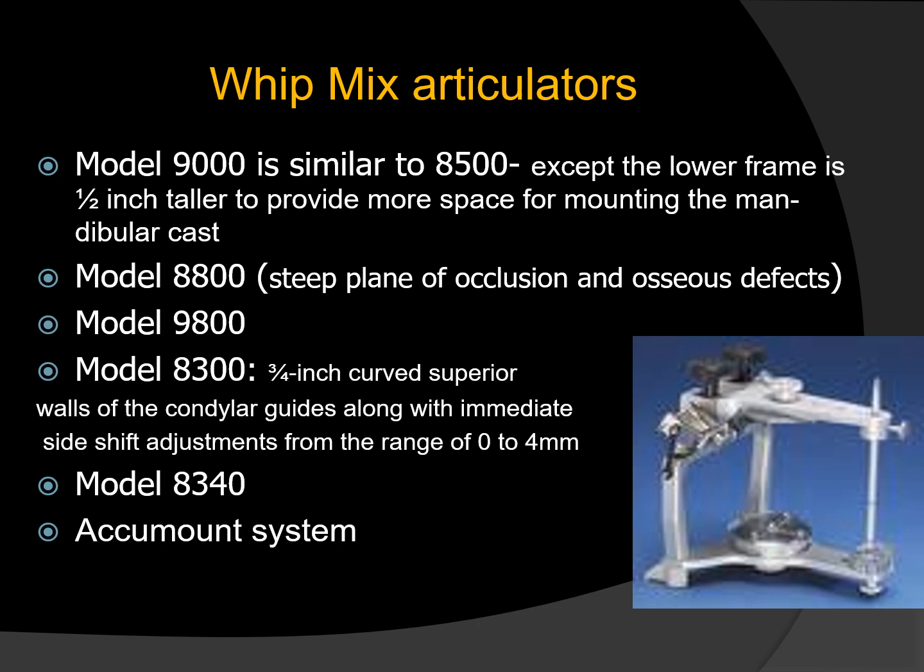These articulators had a special mounting plate precisely attached to the lower frame using a special fixture called the AccuMount system. After the AccuMount system is fixed, the relationship between the upper and the lower frame is checked individually, and this ensures that the cast can be changed between any 8340 articulator without loss of accuracy.